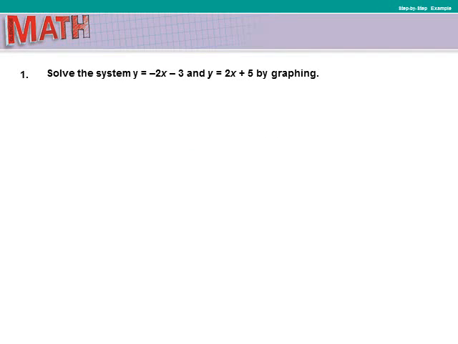So here in this example, it's asking you to solve the system. When I see the word system, this means that I'm going to have two different equations. So I have y equals negative 2x minus 3 and y equals 2x plus 5, and it's asking me to solve this by graphing.